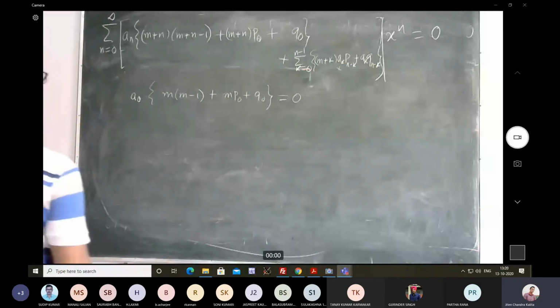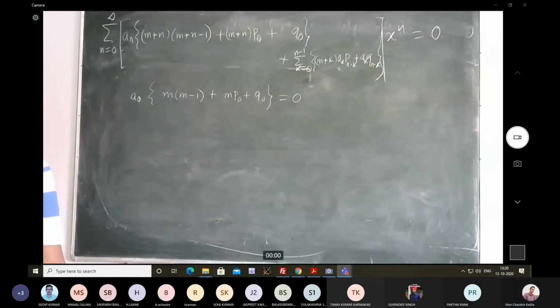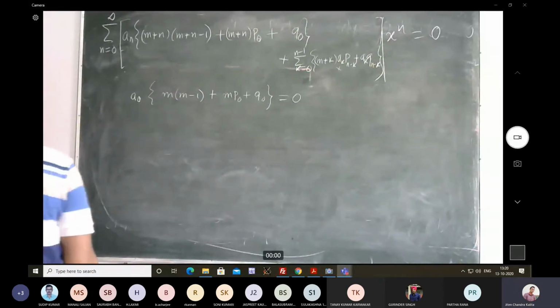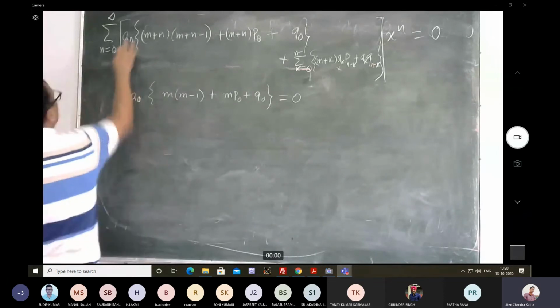So then when n equal to 1, what you get from here?